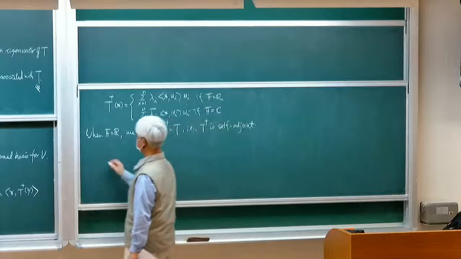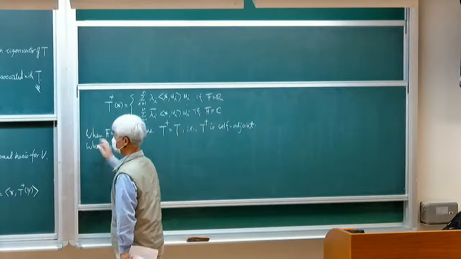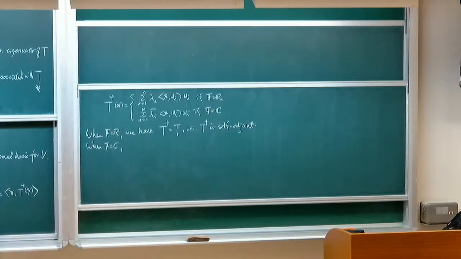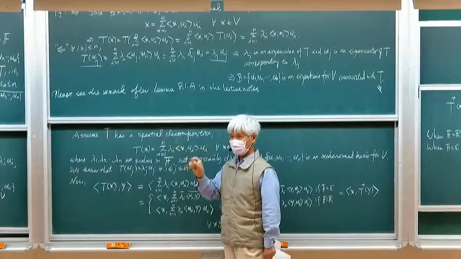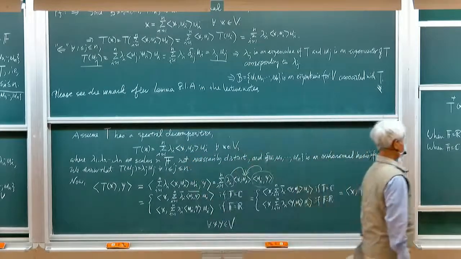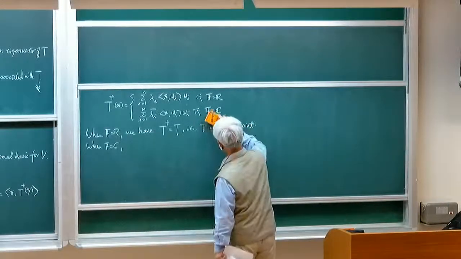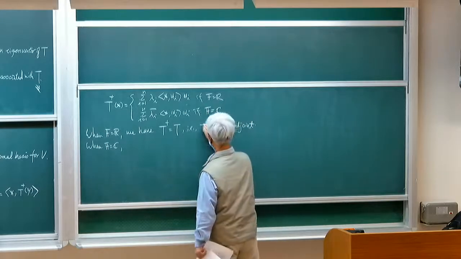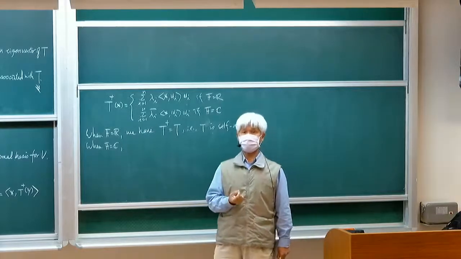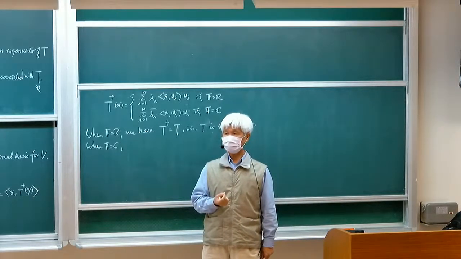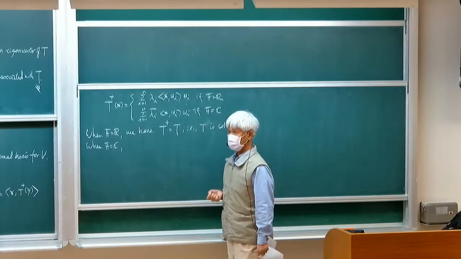So if T has a spectral decomposition, then in the real case, T must be self-adjoint. So we find a necessary condition here. And later on, we will show whether this is a sufficient condition for the real case.